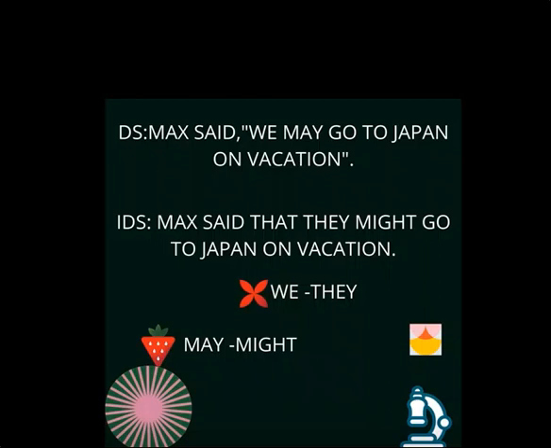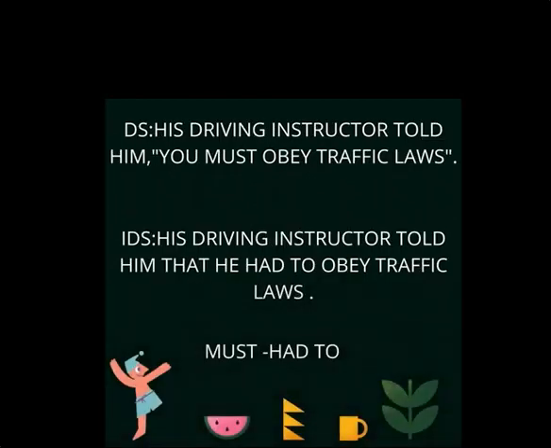This sentence is in direct speech. Let's convert it into indirect speech. Max said that they might go to Japan on vacation. Here "we" changed into "they" and "may" changed into "might" according to our rule.